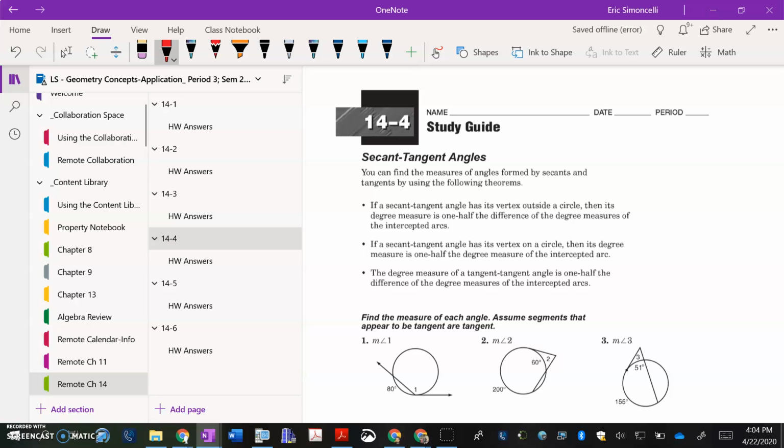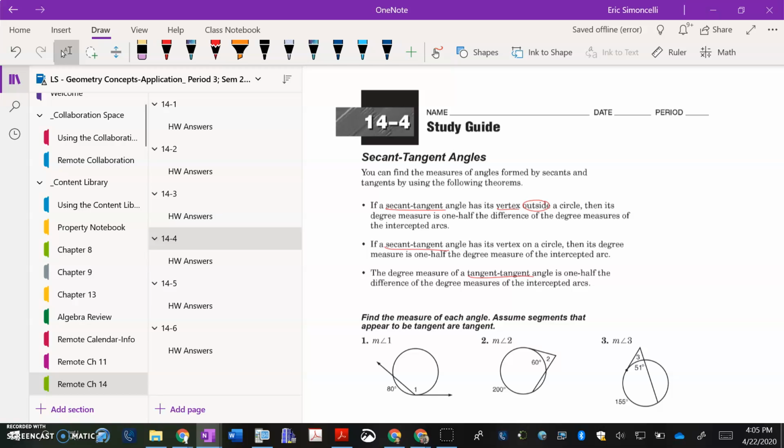Third, the degree measure of a tangent angle is 1/2 the difference of the degree measures of the intercepted arcs. So I'm going to highlight the three specific relationships where you have a secant tangent, tangent tangent, outside the circle, where the vertex will be for the first.